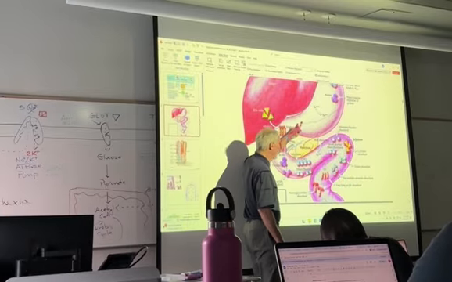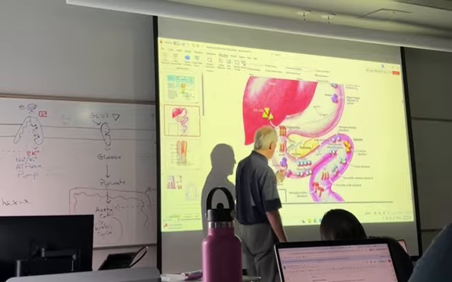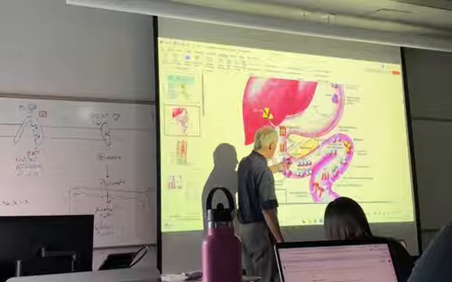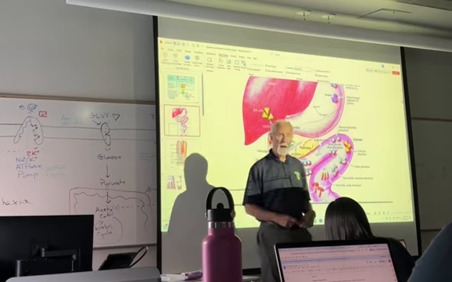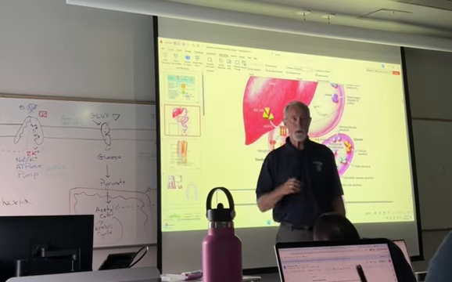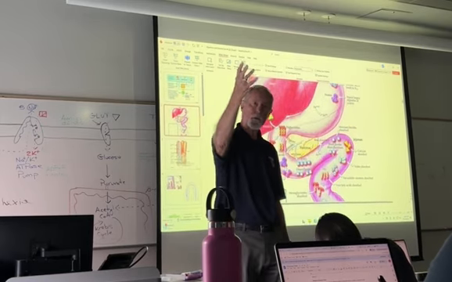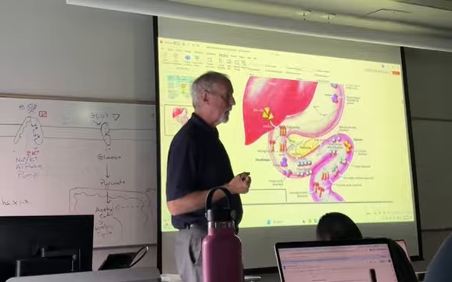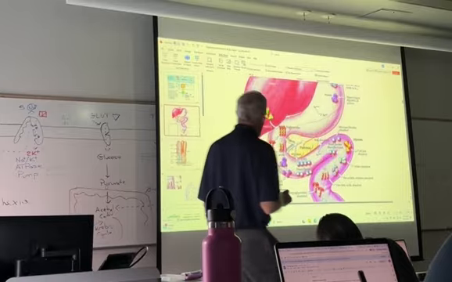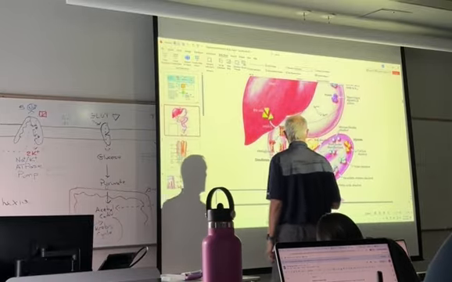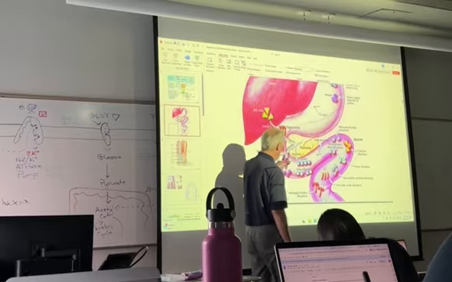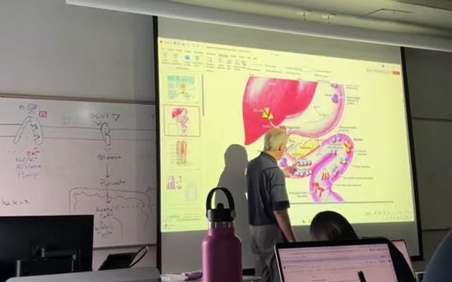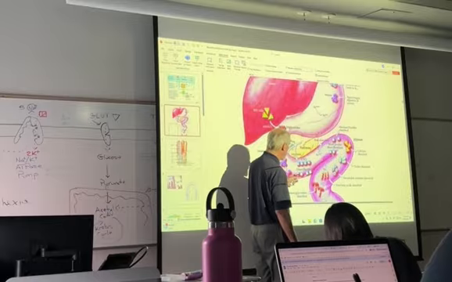So as these sugars come on down into the duodenum, the pancreas secretes what are known as pancreatic amylases. So we've got salivary amylases and we've got pancreatic amylases. And these amylases are going to break down our carbohydrates into disaccharides.